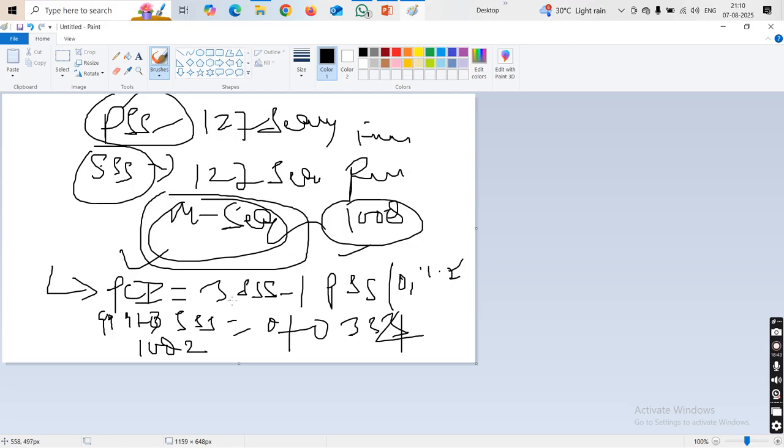So the formula is 3 multiplied by SSS plus PSS, where PSS has a 0, 1, 2 value.